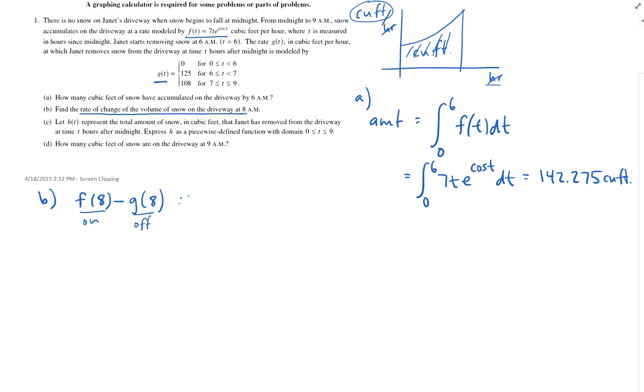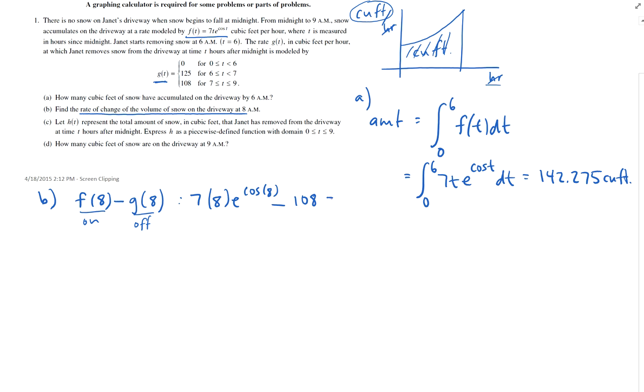So this is going to be the net rate of change of what's on the driveway. And so if I simply calculate that, f of 8 minus g of 8, that's going to be 7 times 8 e to the cosine of 8. Make sure your calculators are in radian mode. Minus g of 8. g of 8 is 108.